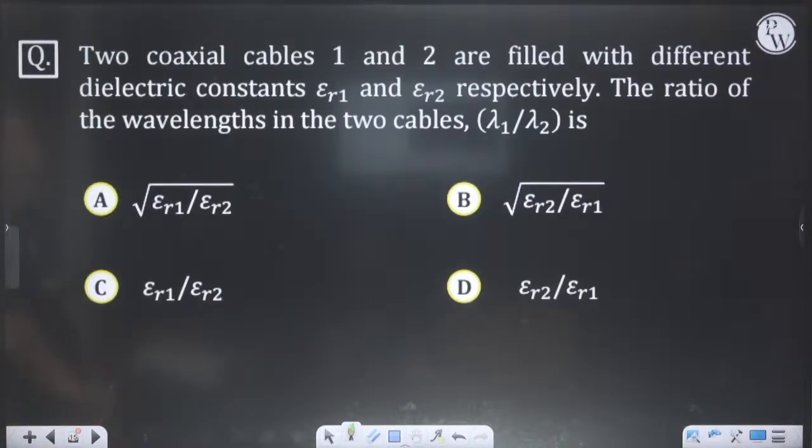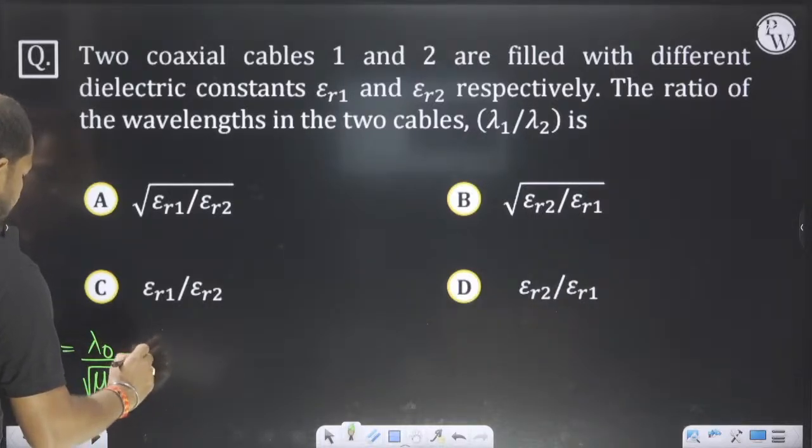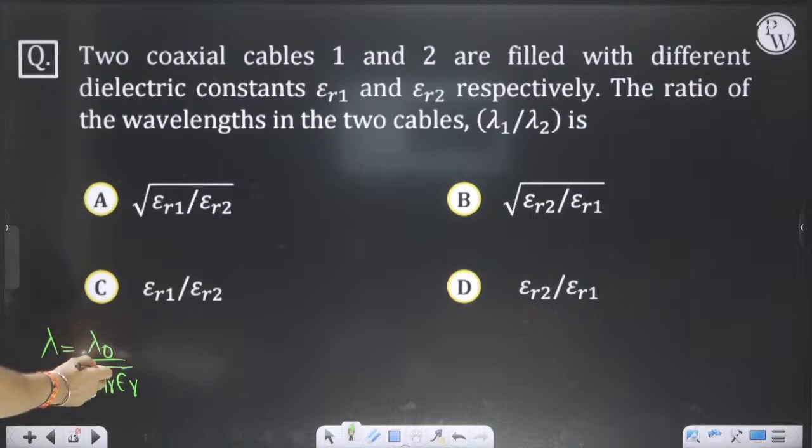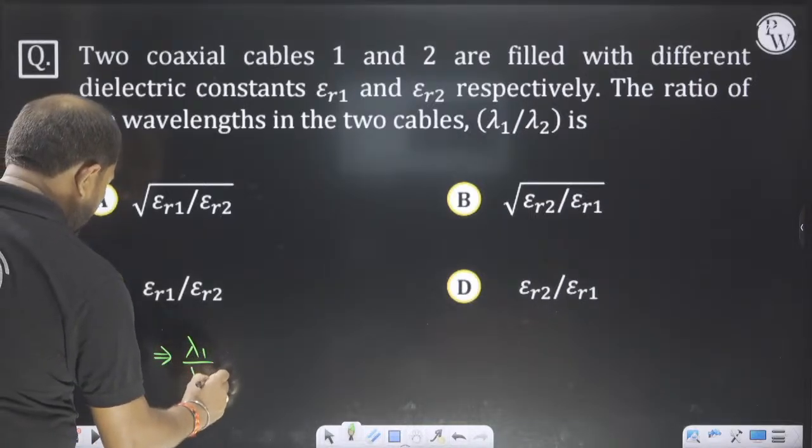So this one is the coaxial cable filled with two different dielectrics, epsilon R1 and epsilon R2. The ratio of wavelength. As we have studied, wavelength in case of lossless and distortionless, or lossy and distortionless, lambda is directly proportional to lambda naught upon under root epsilon r. So I will ask what is lambda 2 upon lambda 1.